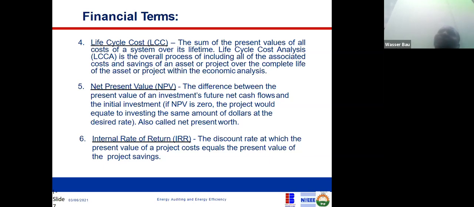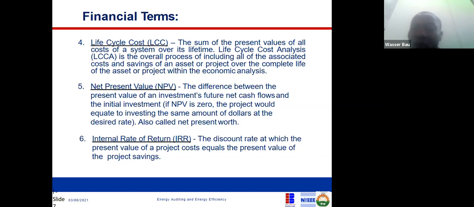So if I'm to invest 100,000 naira now, and the 100,000 will be giving me 10,000 every month, it means my future cash flow will be 10,000 times 12, which is 120,000. So the net present value will now be 120 minus 100. So whenever you see net, it means the final cash inflow over the initial investment.